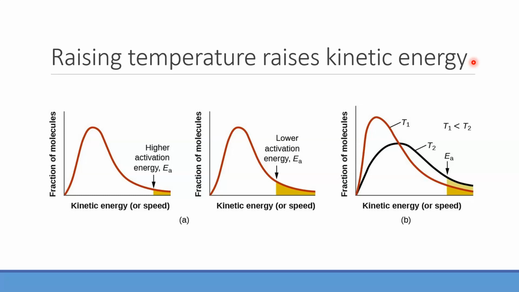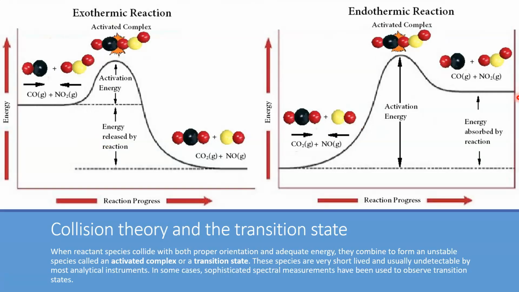So let's add one more piece to this puzzle, and that is collision theory and the transition state. So when a reactant species collides with both the proper orientation and adequate energy, they combine to form this unstable species, and you may have heard of it as the transition state or the activated complex.